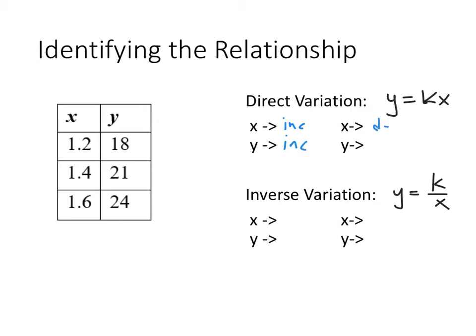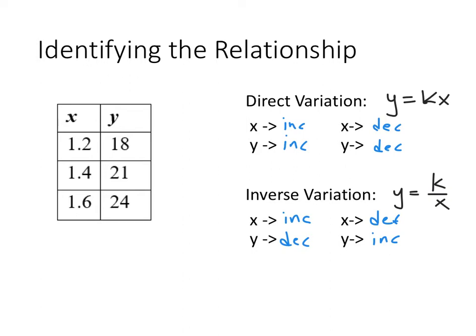As x decreases, y will also decrease. With our inverse variation, as x increases, y will decrease. And as x decreases, y will increase. And so what we're going to do is identify this relationship to see whether it is a direct variation or an indirect variation.